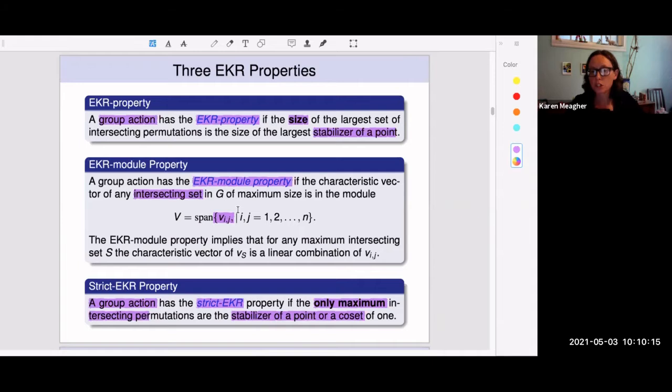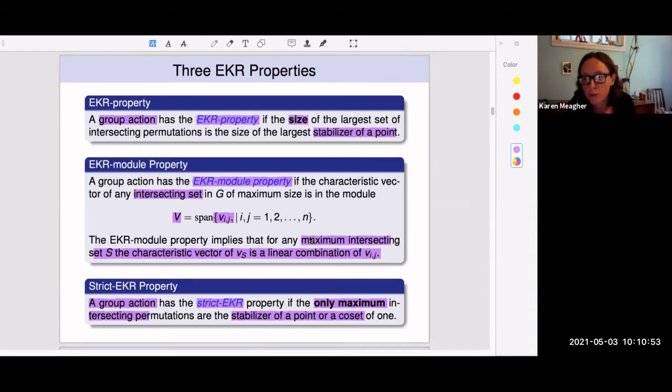It's actually going to be a G module because G will act on these vectors and it will keep within V, which is why I call it a module property. So if the characteristic vector of any maximum intersecting set sits in this module, I say it has the EKR module property. And what happens is, if you have this property, any maximum intersecting set, the characteristic vector of it is going to be a linear combination of the Vij's. So it's not quite a characterization, but it's sort of along the way.